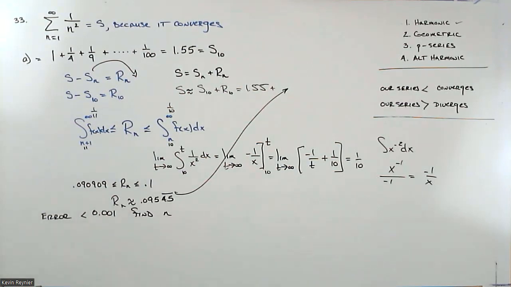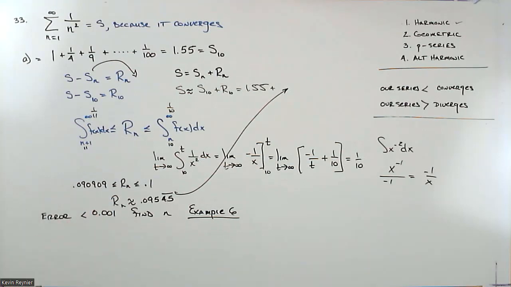Now to do this, there's an example that does this for you in the book. We can take a look at example 6. I mean, they do this entire calculation for us. In example 6, their error estimate is 0.0005, but the same exact thing.